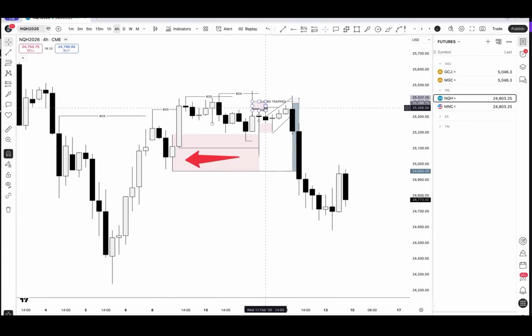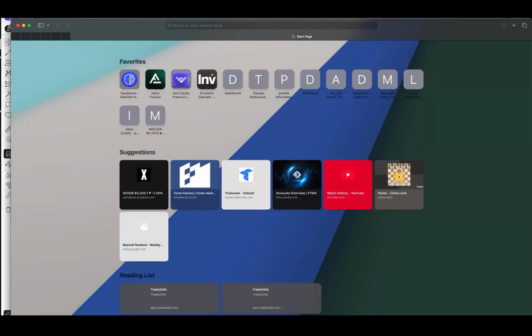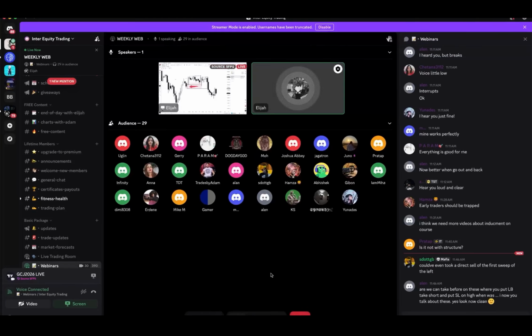Come up, take out internal and then sold off. So I disagree. I don't think it was with structure. Or we could have even taken a direct sell off the first sweep of the left. Yeah, you could have honestly. Or we can take before on these where you put LB, take short, put SL on high.